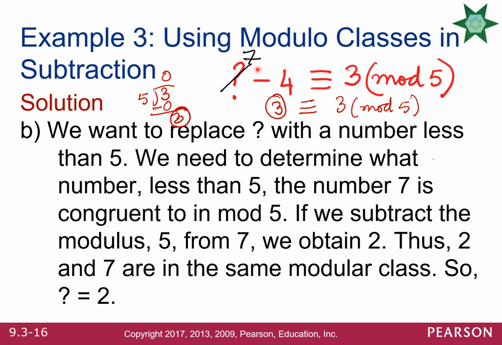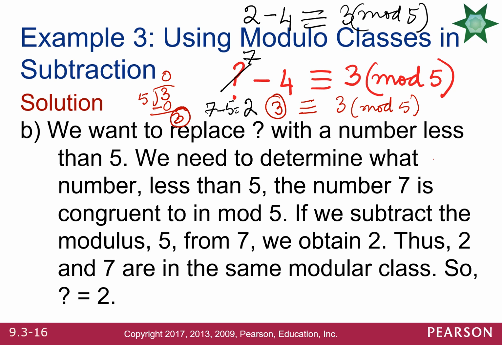So now you have to subtract one multiple of 5 from the 7. So 7 minus 5 is 2. So 7 minus 4 is the same as saying 2 minus 4 is congruent to 3 mod 5.